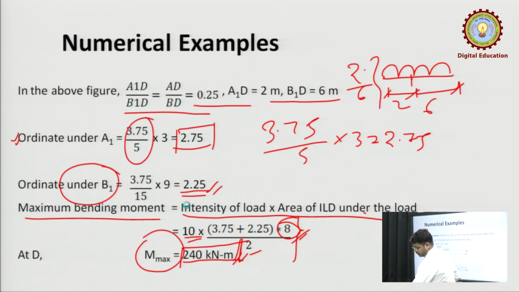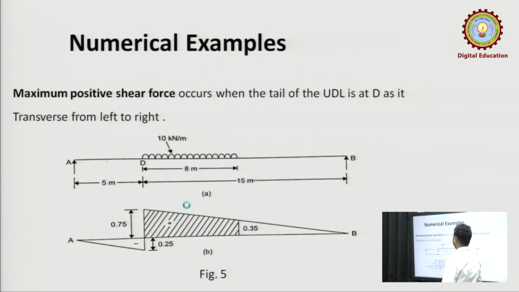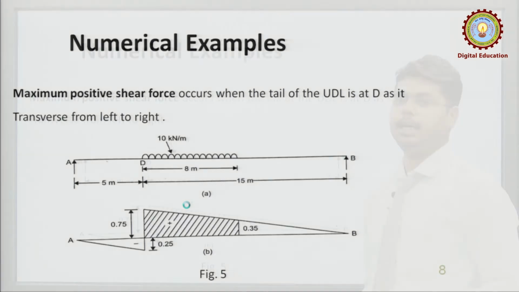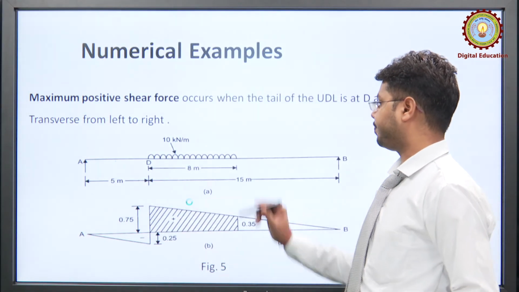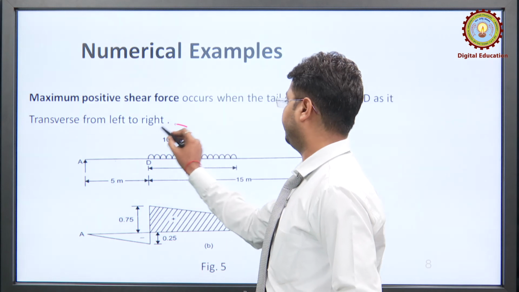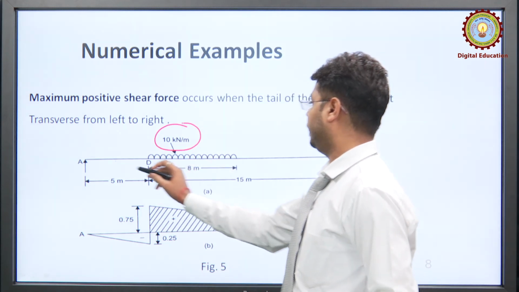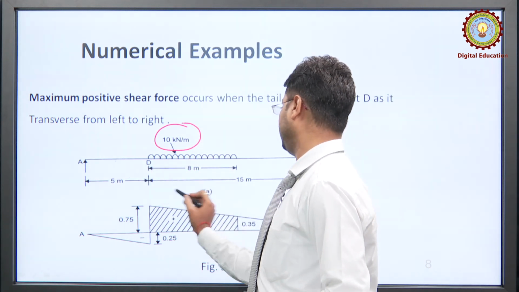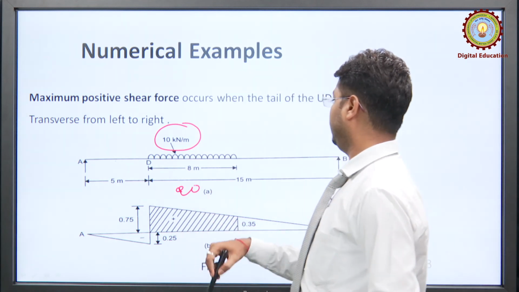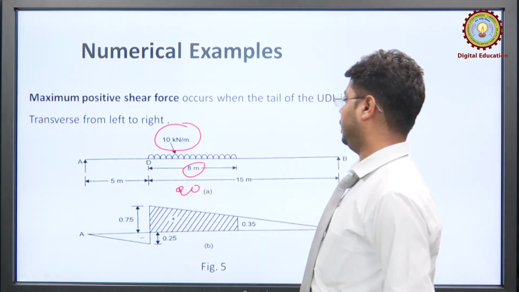Now the second thing is that we have to calculate the maximum positive shear force. How can we calculate that? We have a load of 10 kilonewton per meter, the total span is 20 meter and the load length is 8 meter.